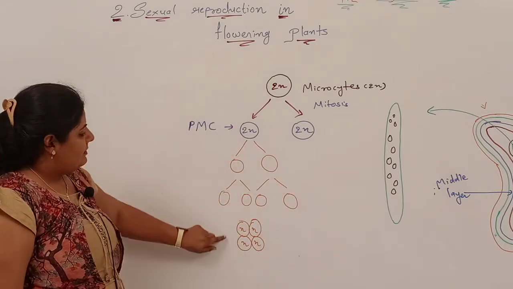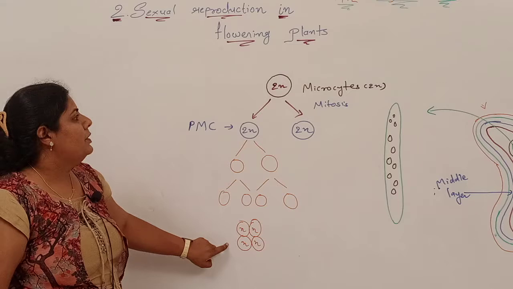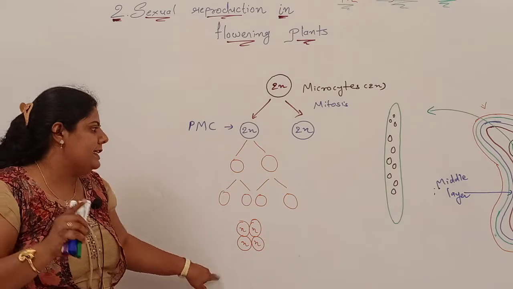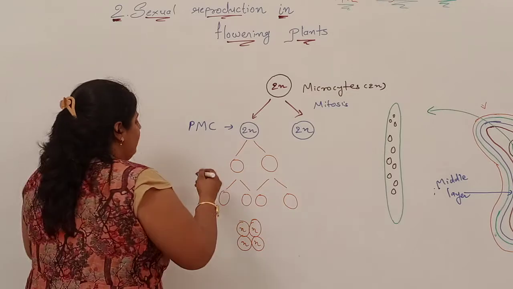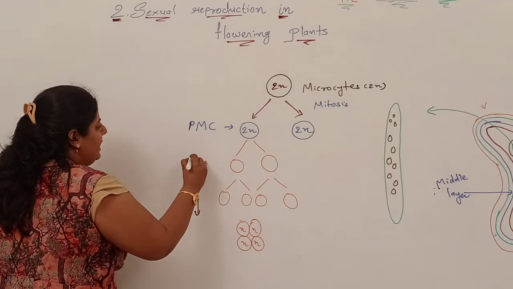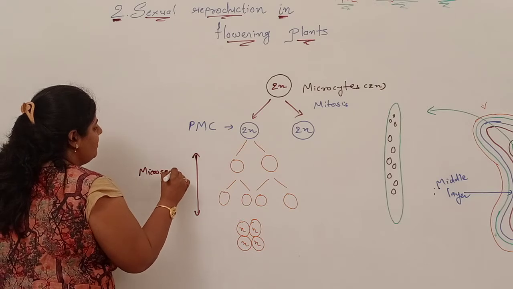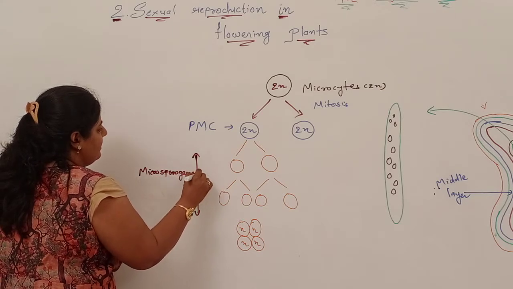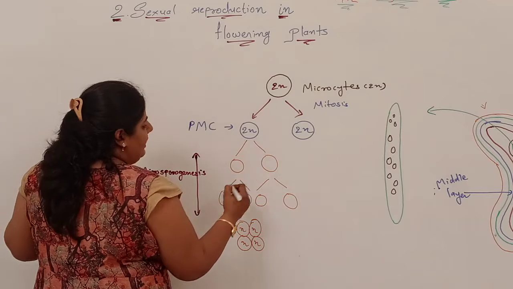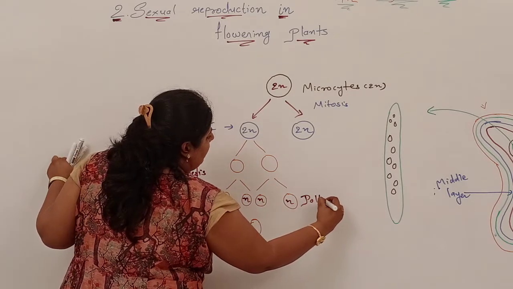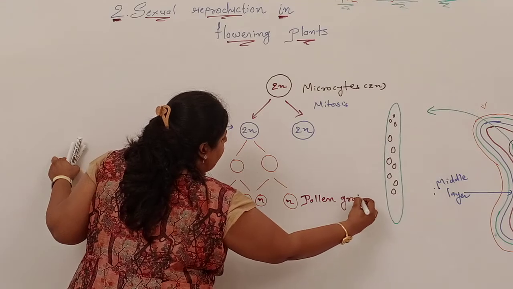So this diagram shows you the process of microsporogenesis. Why? Because pollen is known as a microspore, that's why this is called microsporogenesis. From a diploid cell 4 haploid cells are produced, and these cells are called pollen grains.